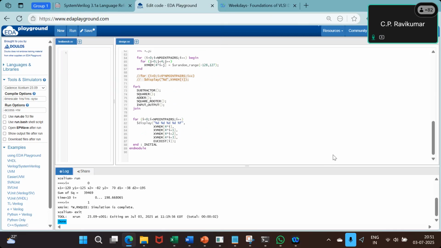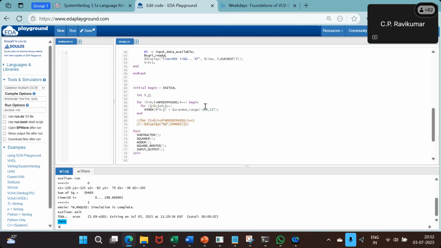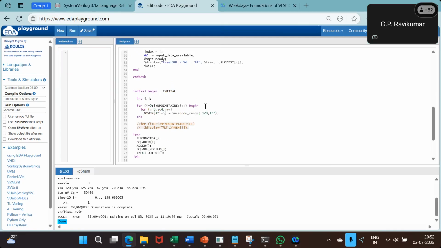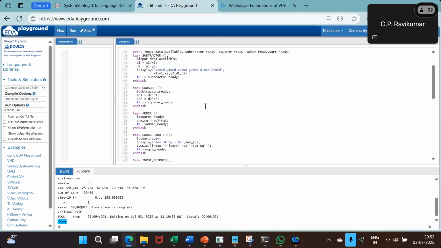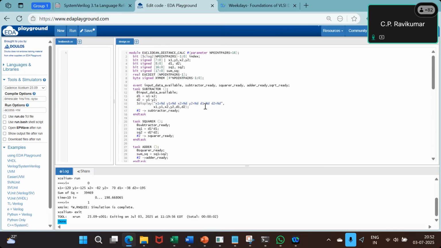But the lower bit for range is XY min. Which line number, man? You have to tell me the line number where I have made a mistake.